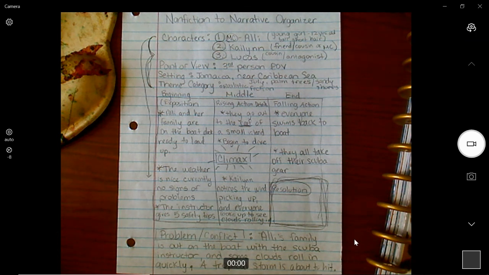So that is your challenge today. Come up with your own story organizer that follows this same outline. If you need to, go back to the beginning of the video and copy down the outline that I made, then make your own story organizer, take a picture of it and upload it onto the apply slide.